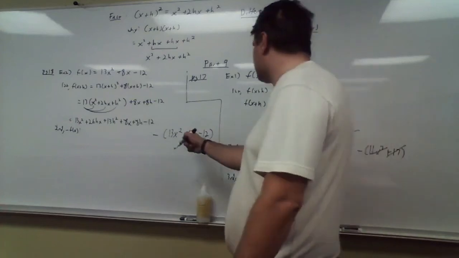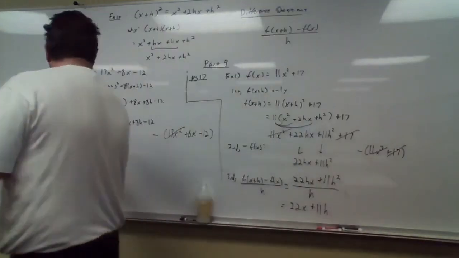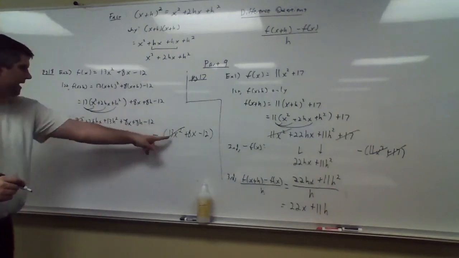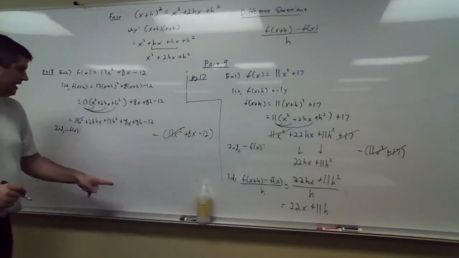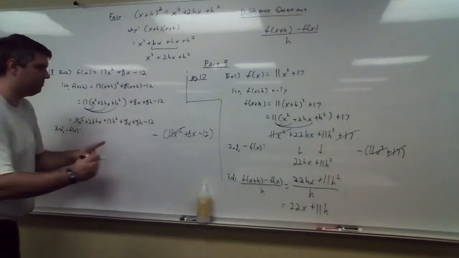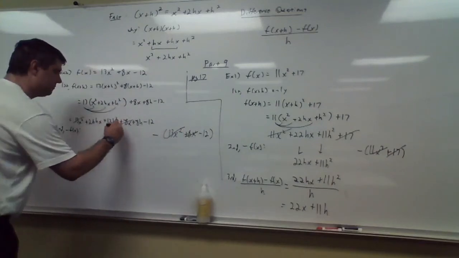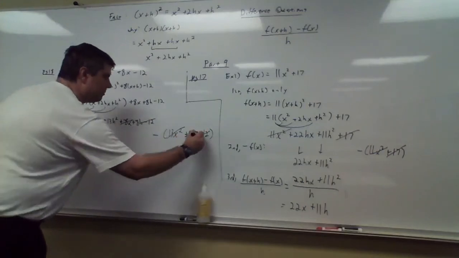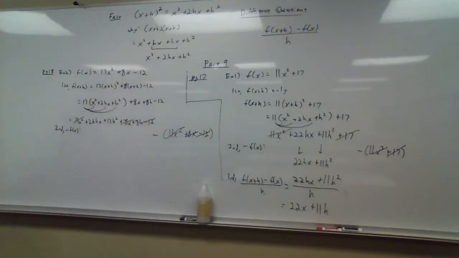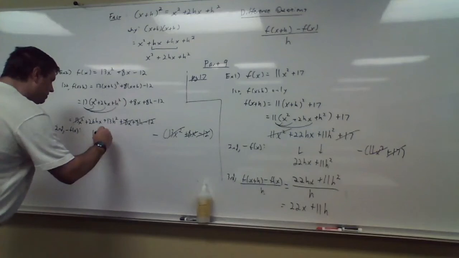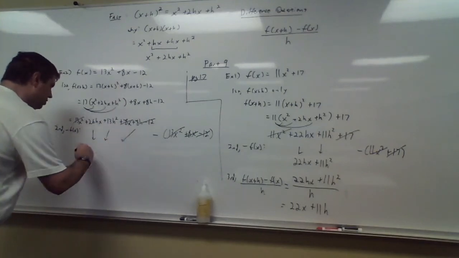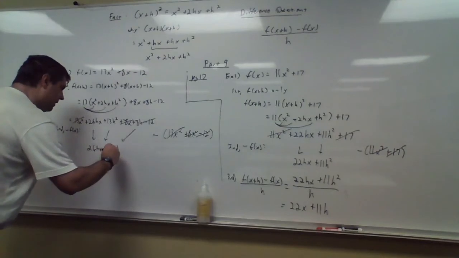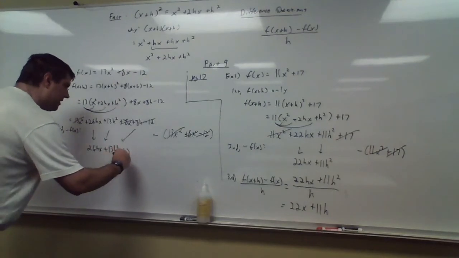I'm going to cancel all of these against their counterparts. Because this 13x squared is canceled against that 13x squared. That 8x is subtracted from that 8x. And this minus 12 is subtracted from another minus 12. Okay? So the only survivors are the terms which have h's in them. 26hx plus 13h squared plus 8h.